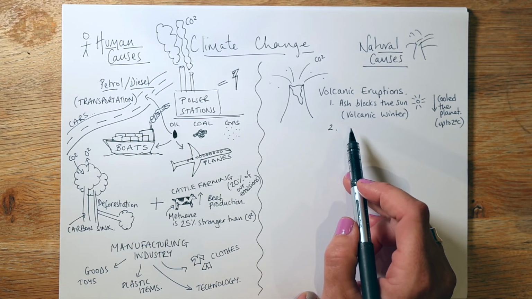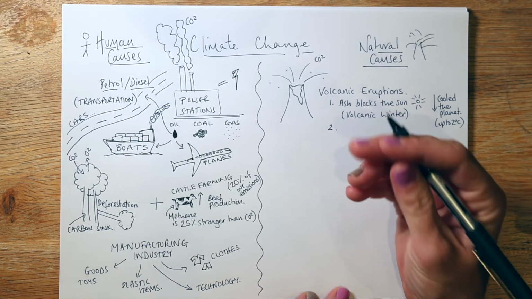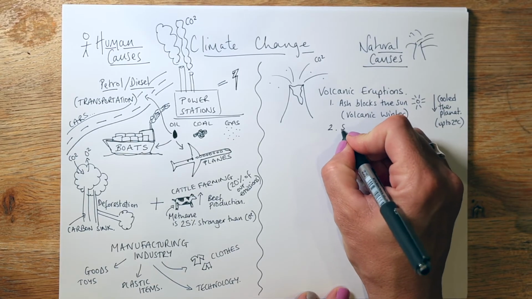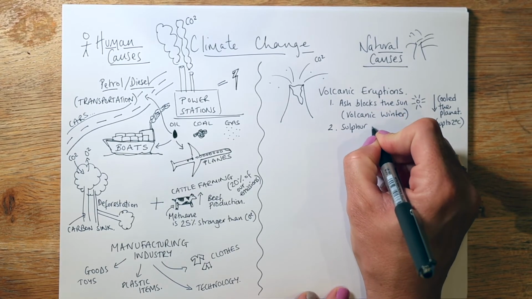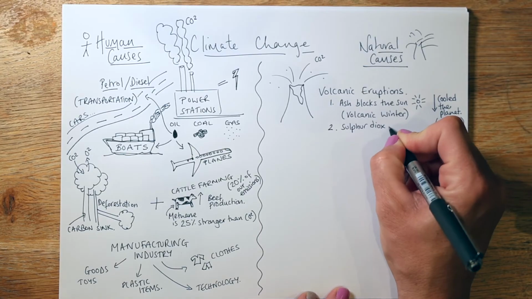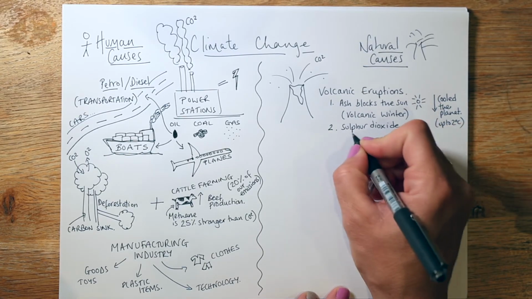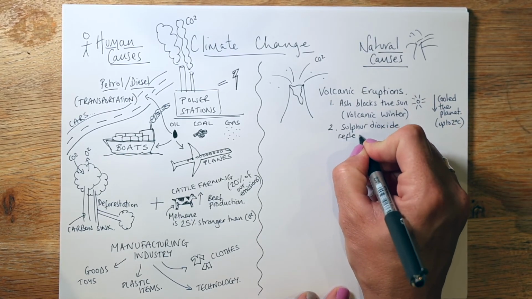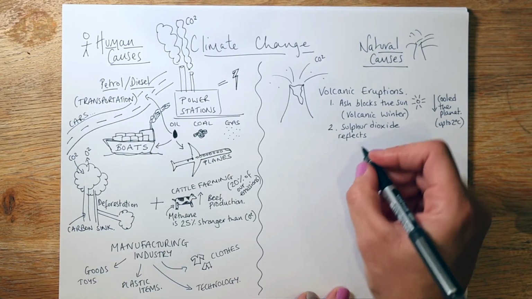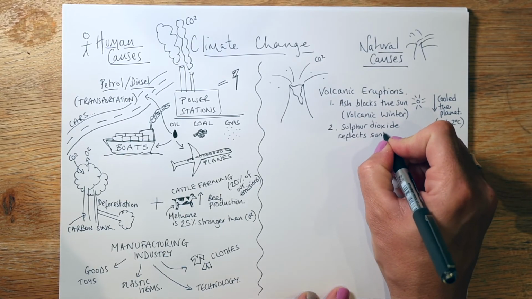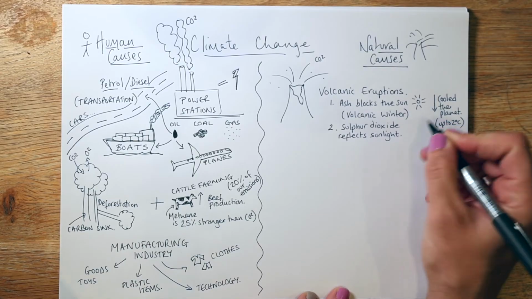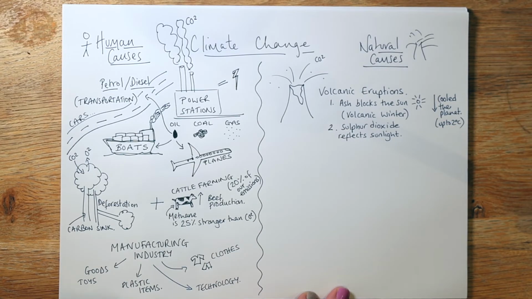The other thing it does is it causes tiny amounts of sulfur dioxide to come out of the volcano. Those tiny particles act like little mirrors and they reflect sunlight as well. So what sunlight does come in very often gets reflected back out.